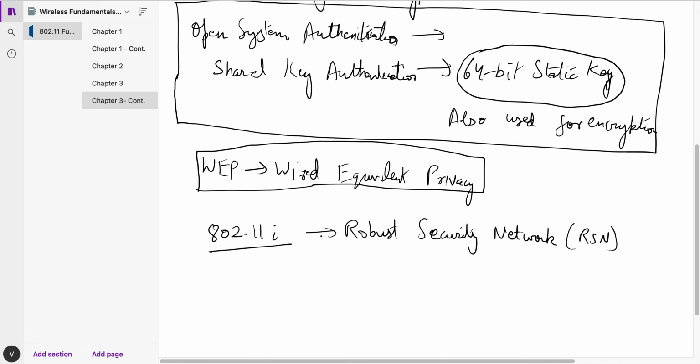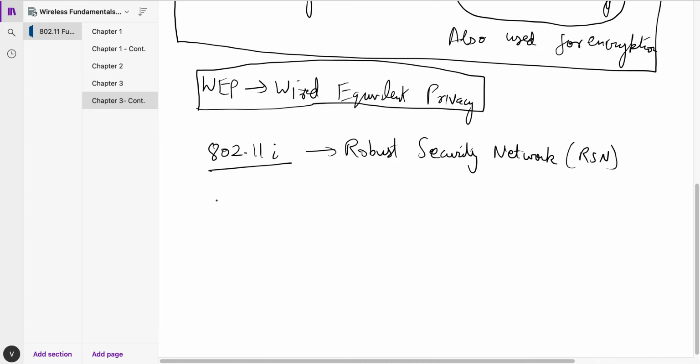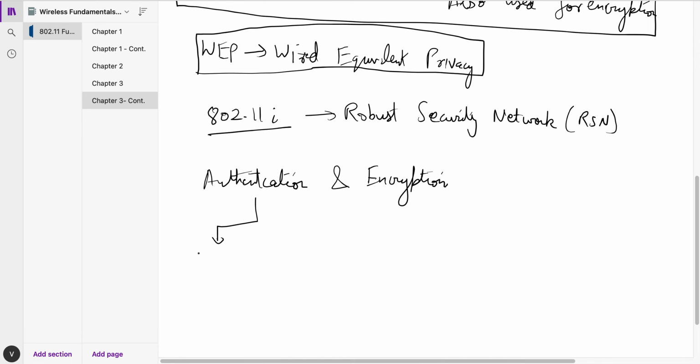Now, as the name suggests, it's quite robust and it defines a couple of new ways of authentication and encryption or data privacy, right? In authentication, two things came out.